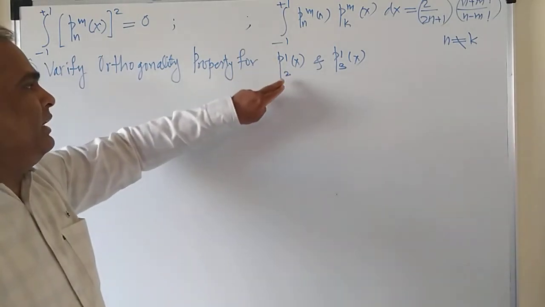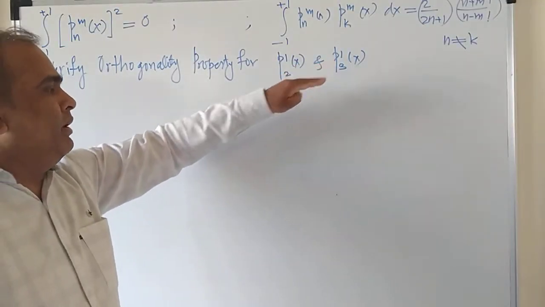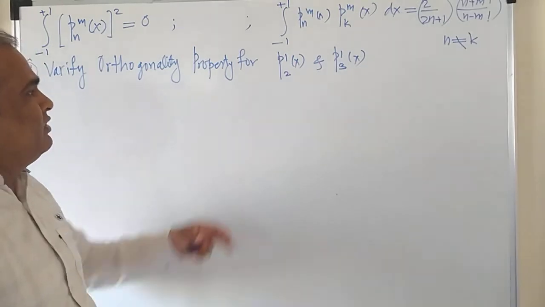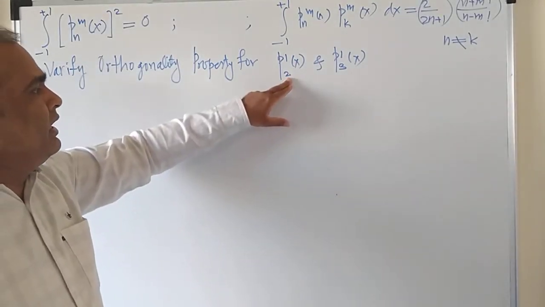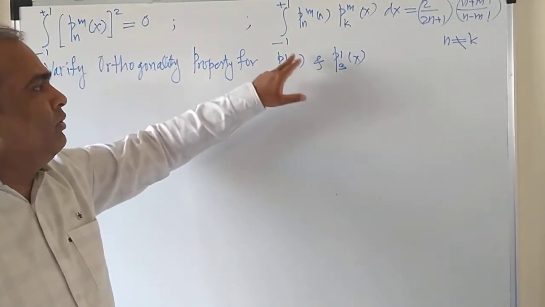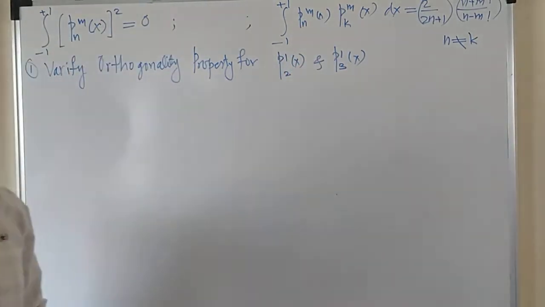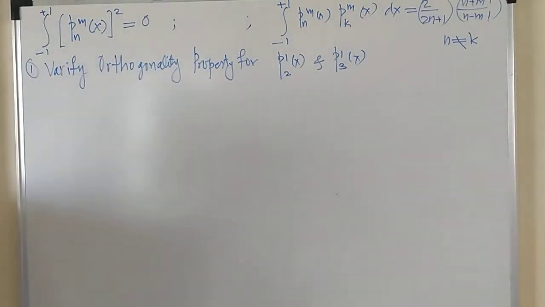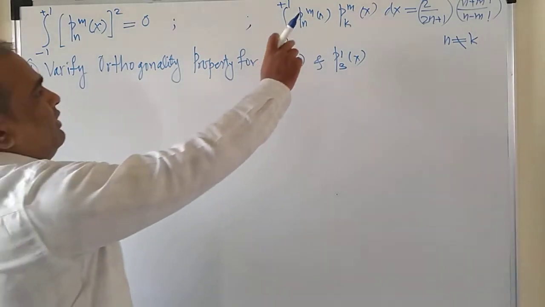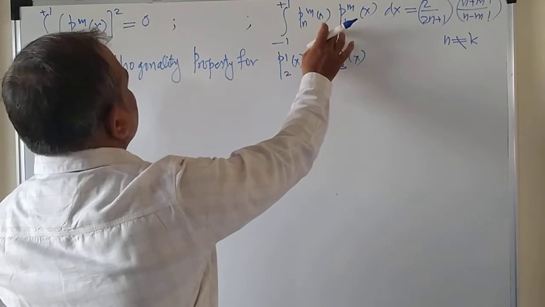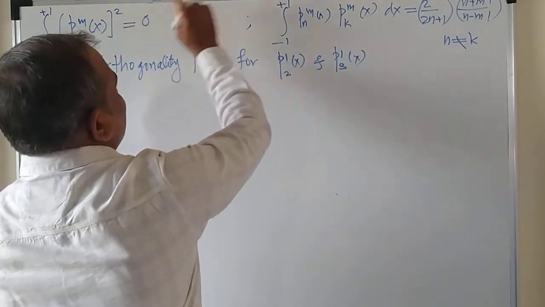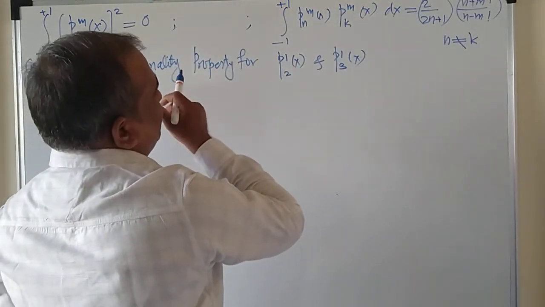Here n and k both are not equal, whereas m is the same, right? If n and k are not equal, then the property must be written this way.